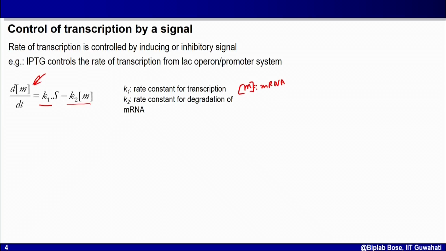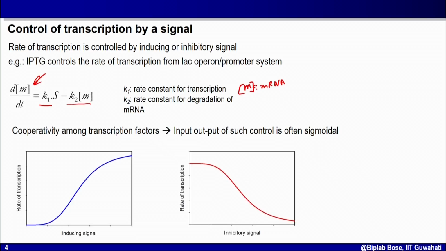So that means if I keep on increasing S linearly, then the rate will also increase linearly. But the fact is, in many experimental systems, it has been seen that this relation of rate of transcription with the amount of input signal is actually not linear. Rather, it is non-linear and particularly sigmoidal, S-shaped.